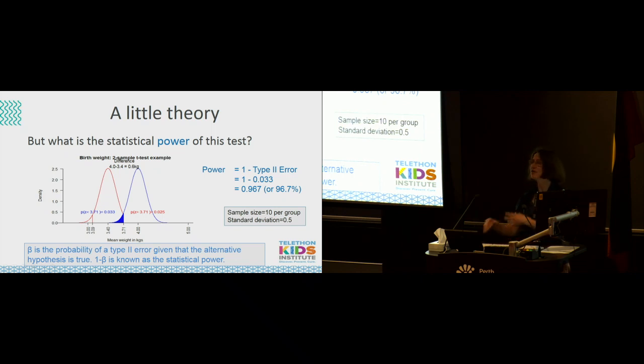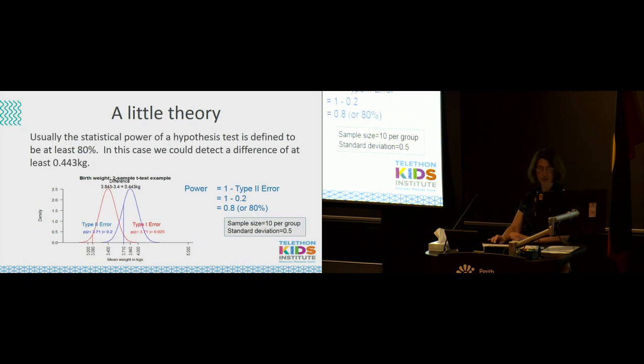And again, this is another risk that we're willing to take. Usually, we would allow the power to be somewhere closer to 0.8. And the way we've done that is to reduce the size of the clinically significant difference, or the difference that we're able to detect.